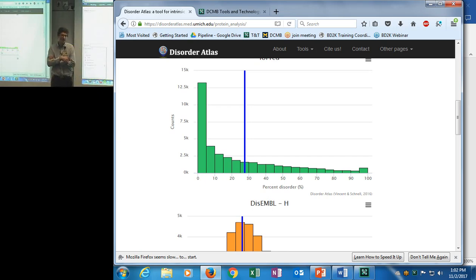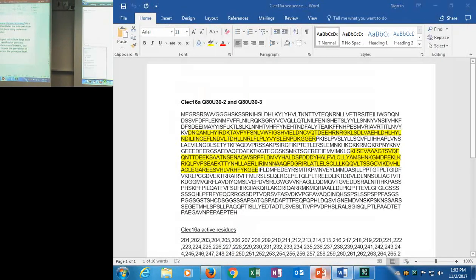Yeah, but you could at least compare these two. Oh yes, and we have compared them, for example, with the same algorithms. There tends to be a correlation between their results. They are more closely correlated than the results with IUPred. And you can see that based on the distribution. Let me go back to the presentation.